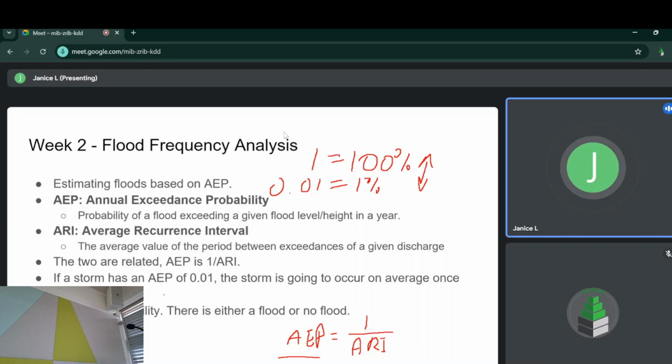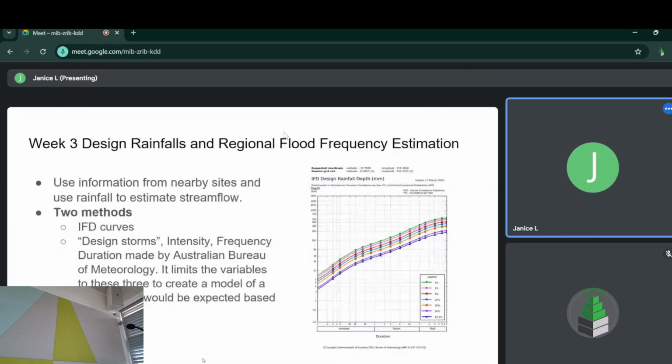So of course, different situations will call for different models, and I believe that's like Log Pearson Type 3, all of that. But that's not for today to cover. Definitely look into it if you have your own spare time. It's actually quite interesting, especially if you want to go into water engineering later down the line.